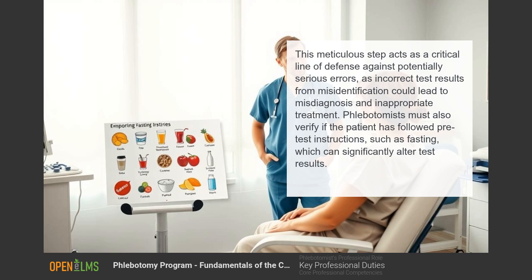This meticulous step acts as a critical line of defense against potentially serious errors, as incorrect test results from misidentification could lead to misdiagnosis and inappropriate treatment. Phlebotomists must also verify if the patient has followed pre-test instructions, such as fasting.